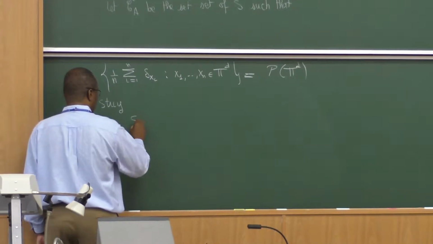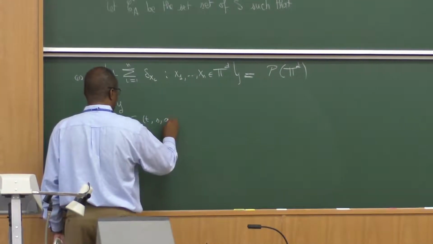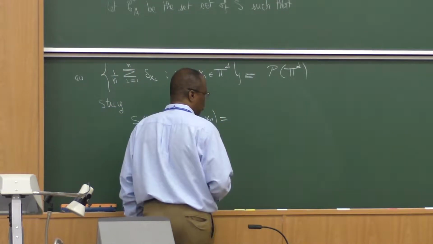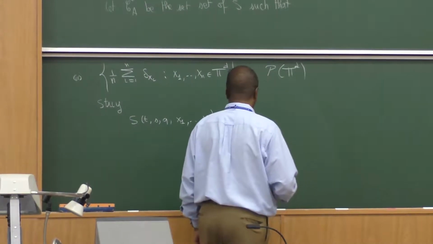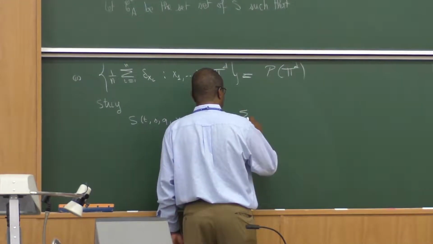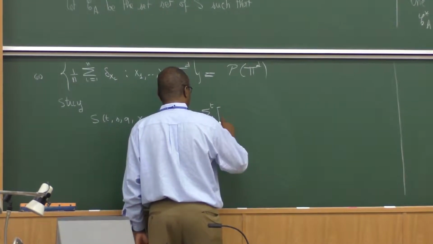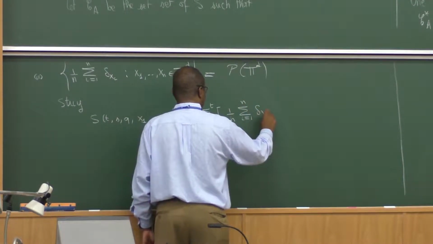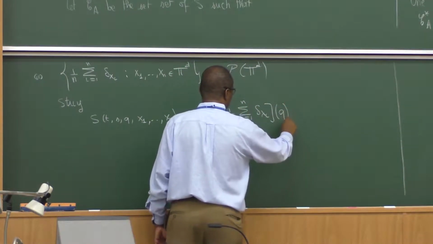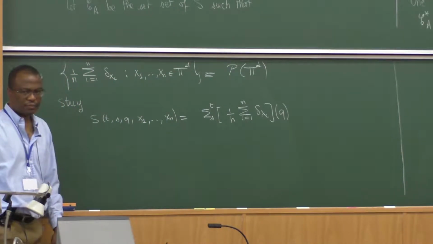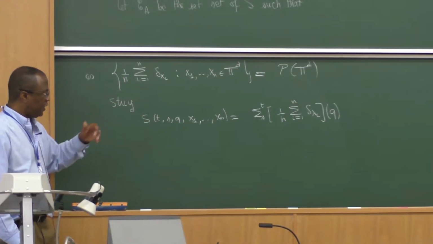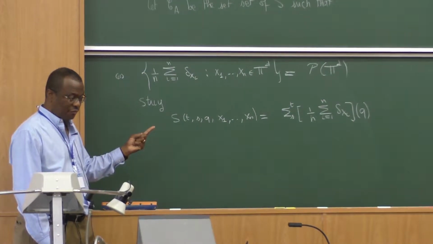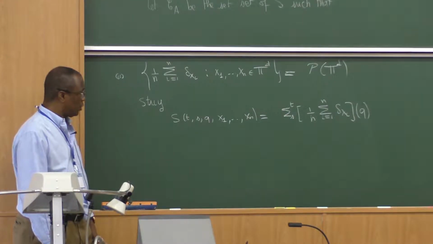S of T, S, Q, S_1, ..., S_n equal to sigma S T, 1 over n sum i from 1 to n delta S_i of Q. So this map makes sense. If I want to study properties of this map, I can start with the following.